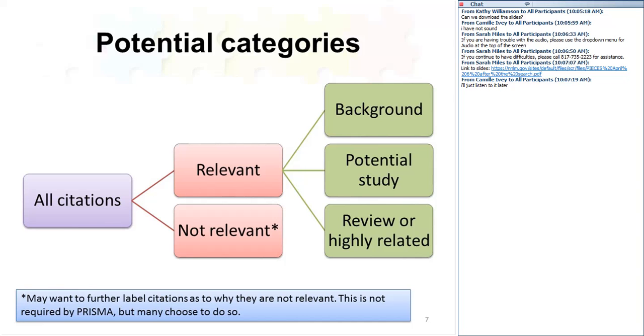They also may see things in there that are reviews or highly related articles that they'll want to later look at those citations to see if they have any potential studies. And then there'll be, of course, the potential studies. And I put an asterisk on here referring to they may want to further label those citations marked as non-relevant with the reasons that they're kicked out.